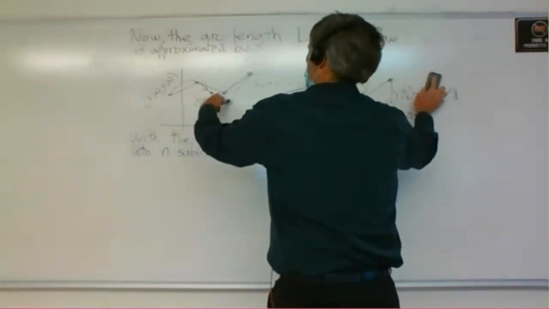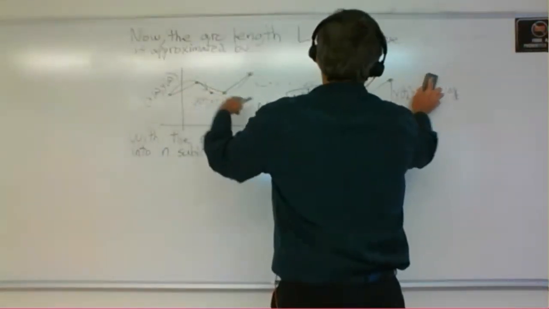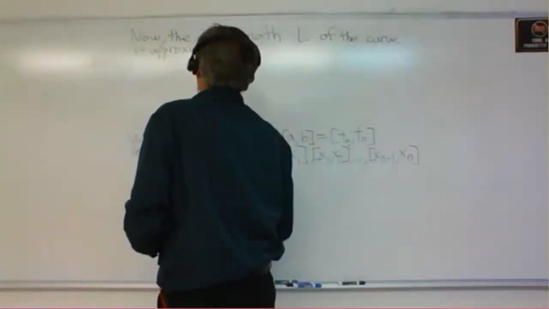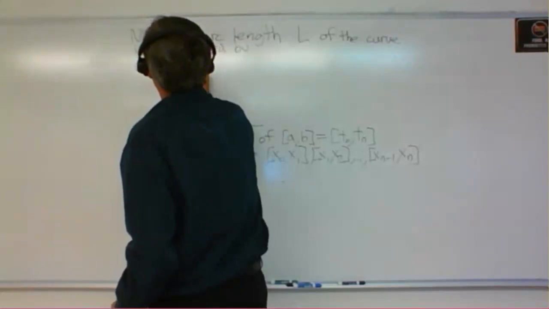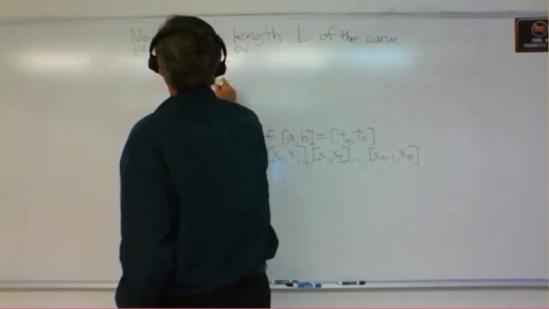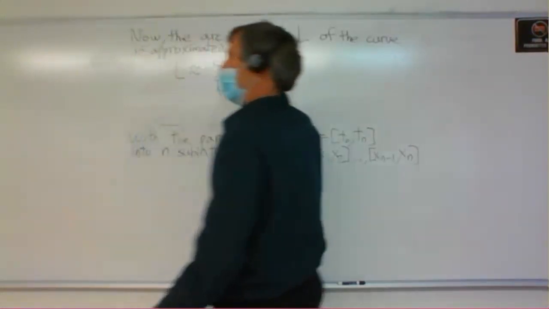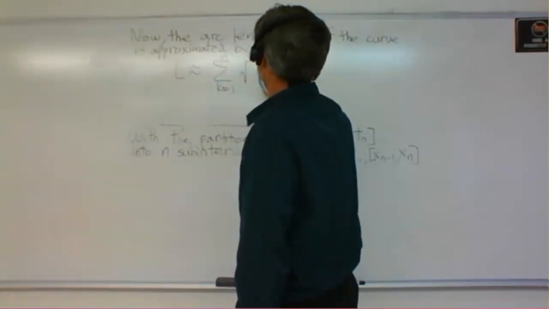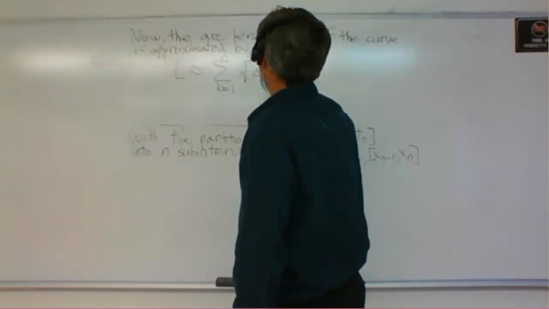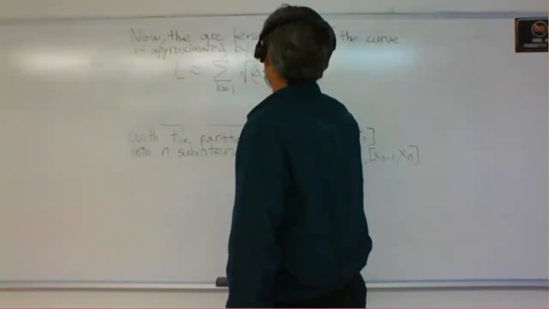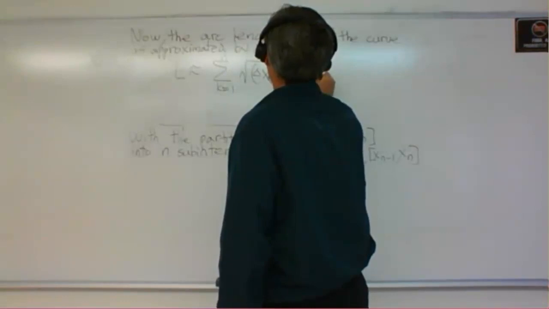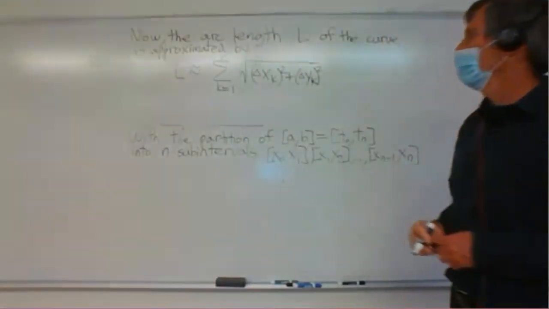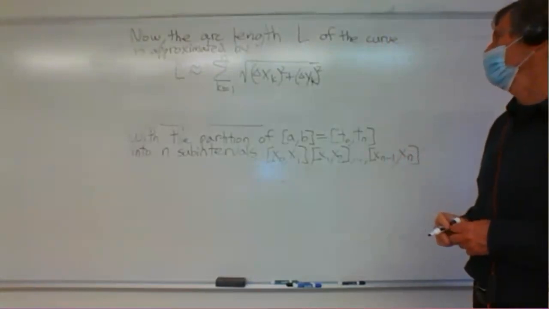We're just going to add all these lengths together, delta S1, delta S2, delta S3. Sum k equals 1 to n. There's n line segments, so I'm summing over all the line segments. Square root of delta xk squared plus delta yk squared, like that, right? Sum of the lengths of the line segments.